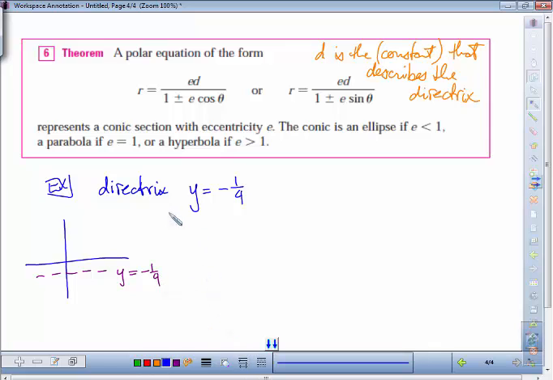And let's have our e equal to 1, so we know it's a parabola.